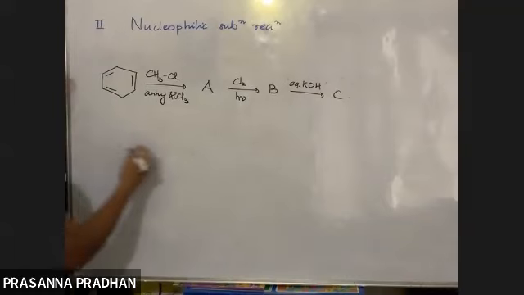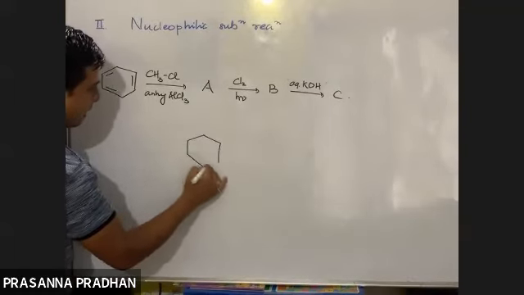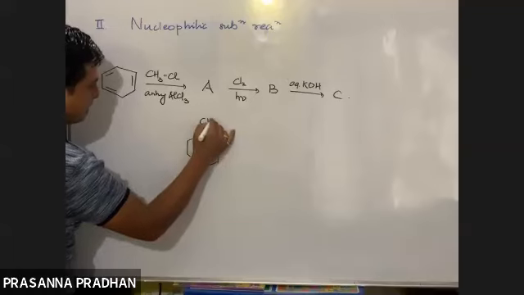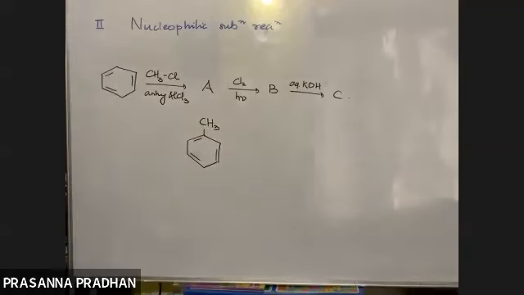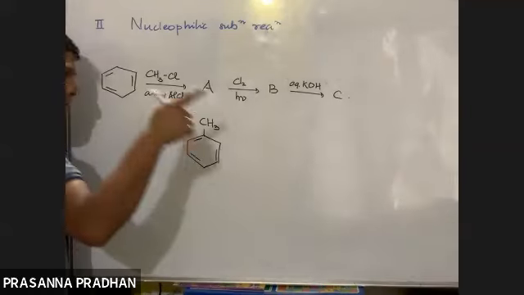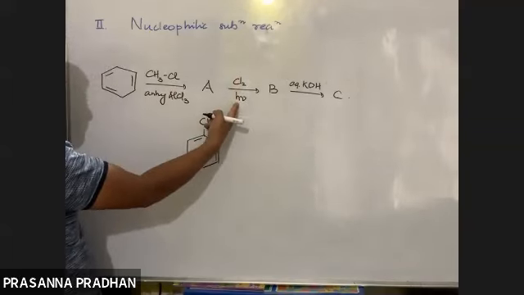The name of the reaction is Friedel-Crafts alkylation reaction. So an alkyl group is introduced into the benzene ring. Since we have methyl chloride, a methyl group will be introduced into the benzene ring. So this is A. Now we have done this in the earlier class, chlorination in the presence of light.